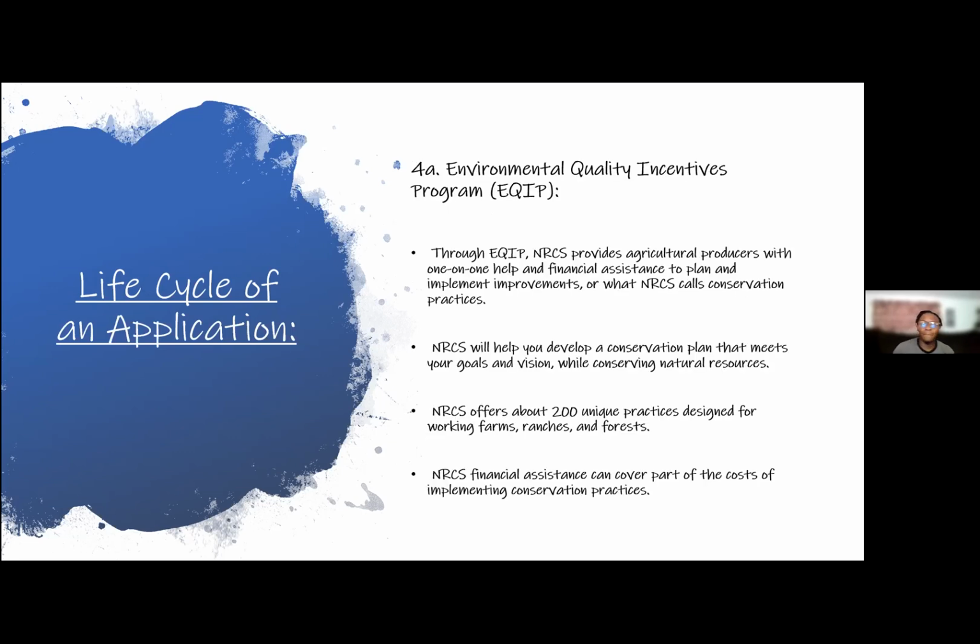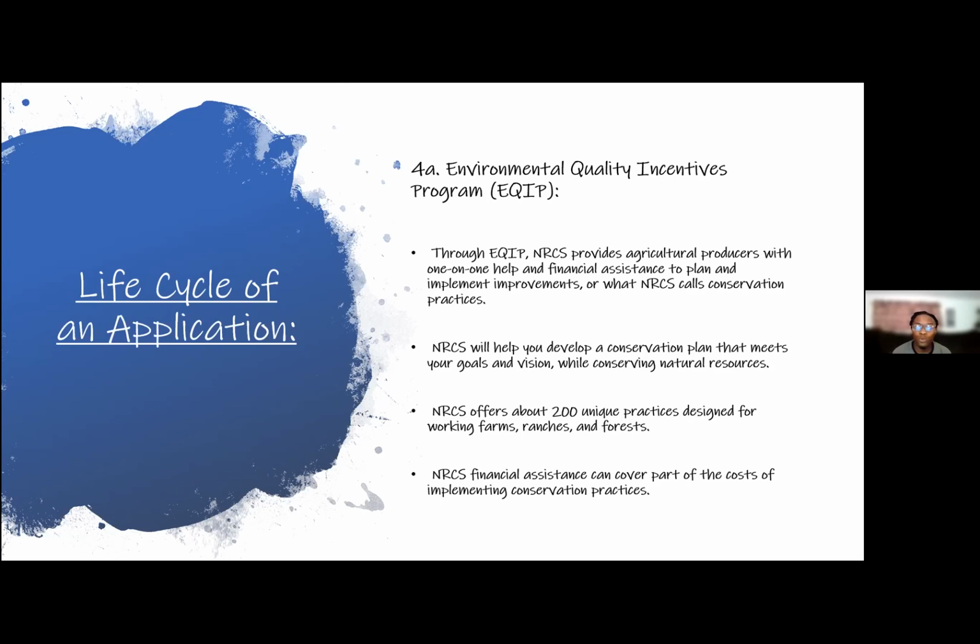So first, EQIP. Through EQIP, NRCS provides producers or landowners, because I will say most of the language seems to be centered around having farmland, and that may not be the case, with one-on-one help to target specific resource concerns on their property, and financial assistance to plan and implement improvements, or what NRCS calls conservation practices.